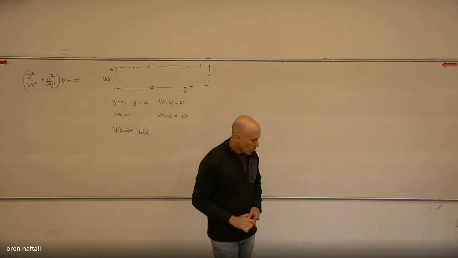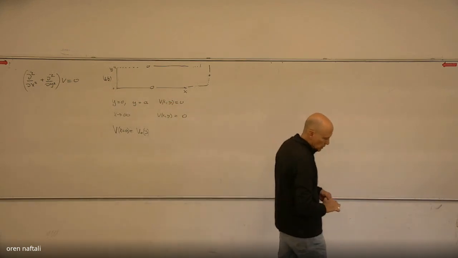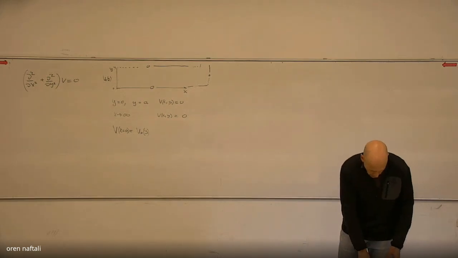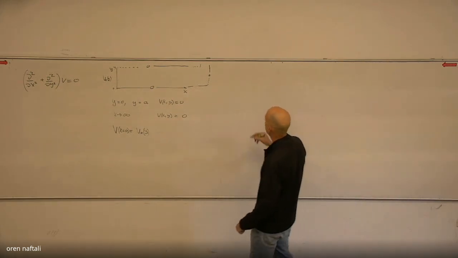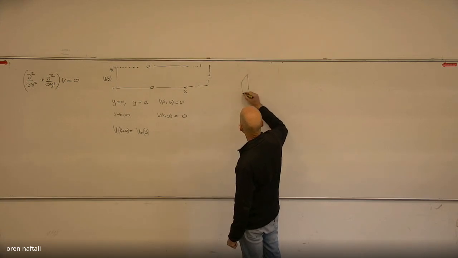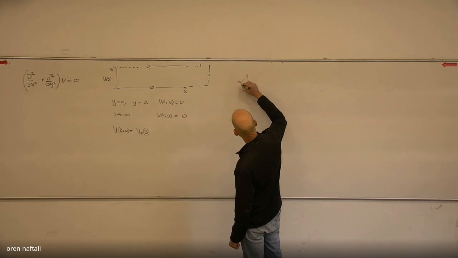But already now we can more or less see what will happen. Let's say this V0 of y is a constant. So try to plot it. So this is V0.